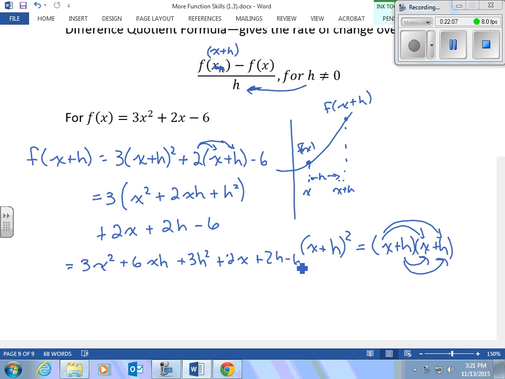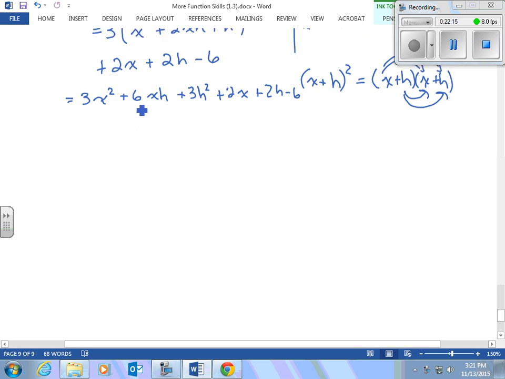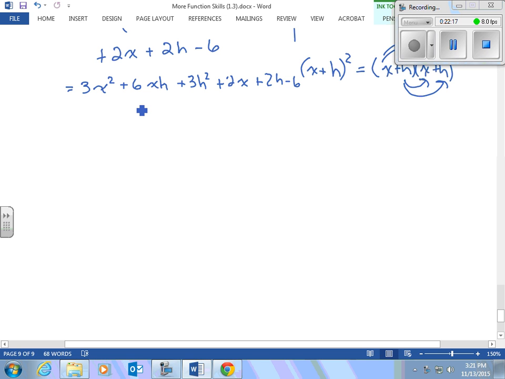But now to finish this off, I need to subtract. So I'm taking the f at x plus h, and I'm going to subtract the f at x and put it all over h. Let me just make a little sketch here just to separate that from the thinking work there.